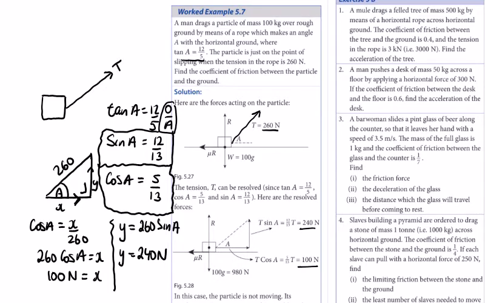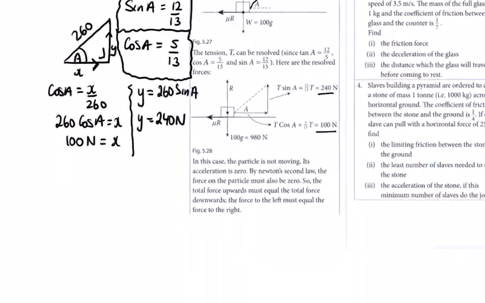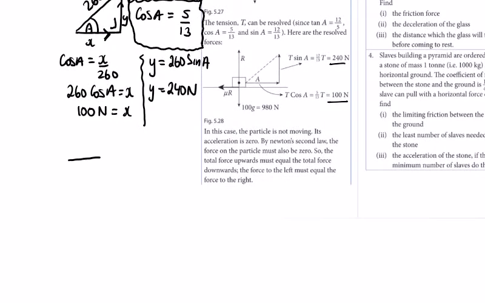So Y is going to be 260 by 12/13, which is 240 newtons here and here. So once you have your forces, then everything else follows from there. So now let's just do our diagram again. We'll see what's going up, we'll see what's going down. In this case we have the cos, but we also have the sine here. So this is 240, this is what we just calculated.